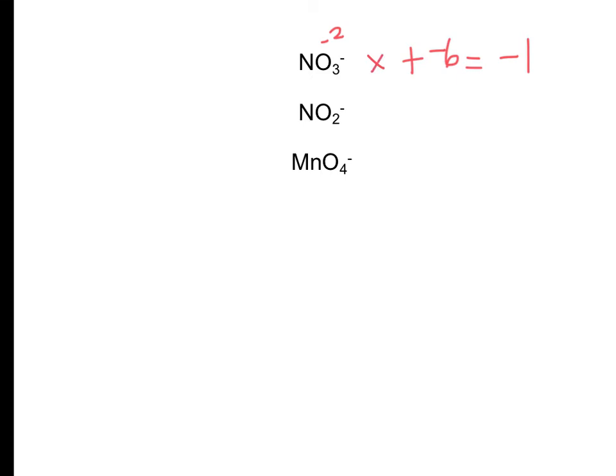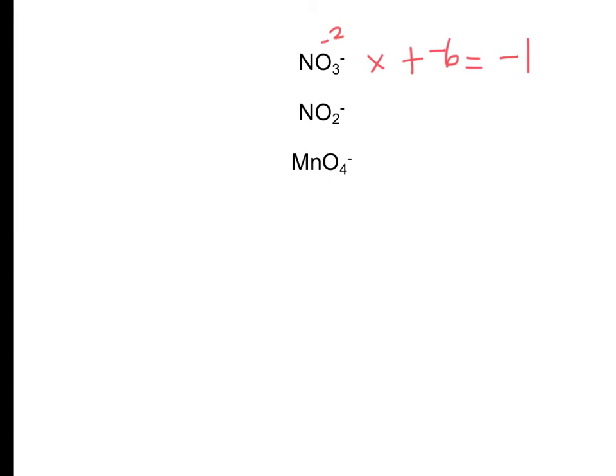Now, if we solve for X, we're going to do the opposite operation on both sides to get our X value. So X plus -6 equals -1, so that means you are going to minus -6 on both sides.